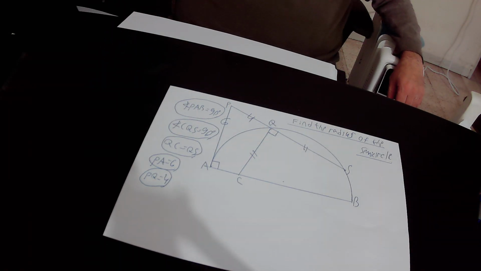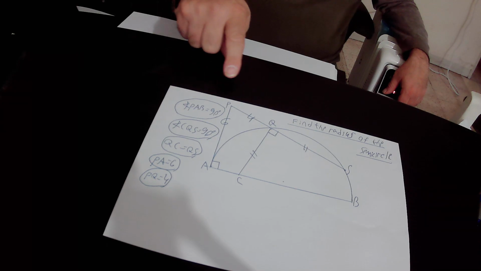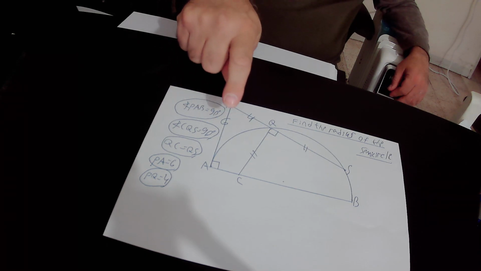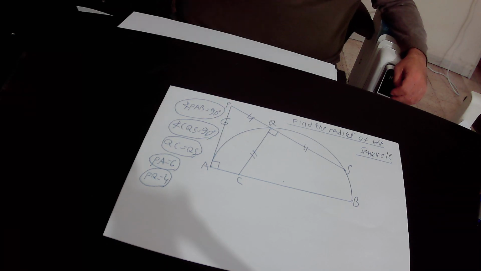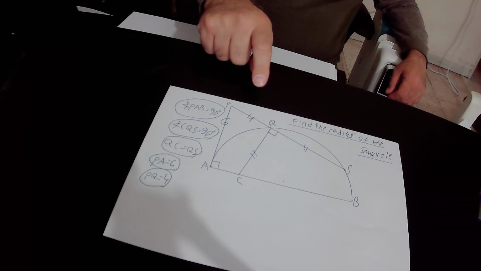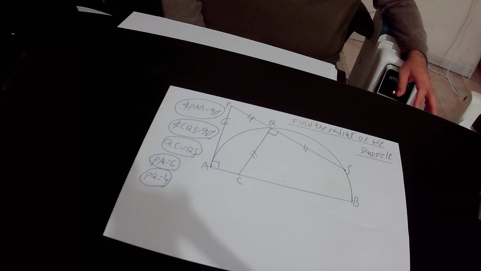Why? Because in our drawing, if you focus on point P, from point P we have tangent PA that is tangent to the semicircle at point A, and we have also line segment PS that cuts the circle at points Q and S. Therefore, we can implement here rule number 10.